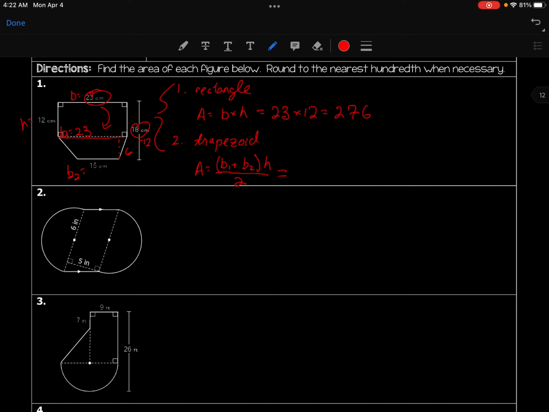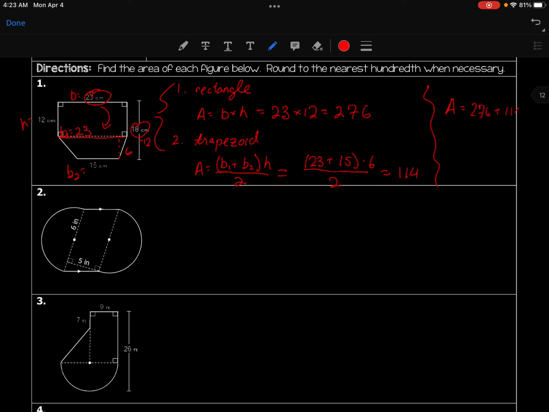So the area of the trapezoid is 23 plus 15 times the height, which is 6, divided by 2, which should give you 114. Okay, so now the total area will be equal to 276 plus 114, which should give you 390. Simple.